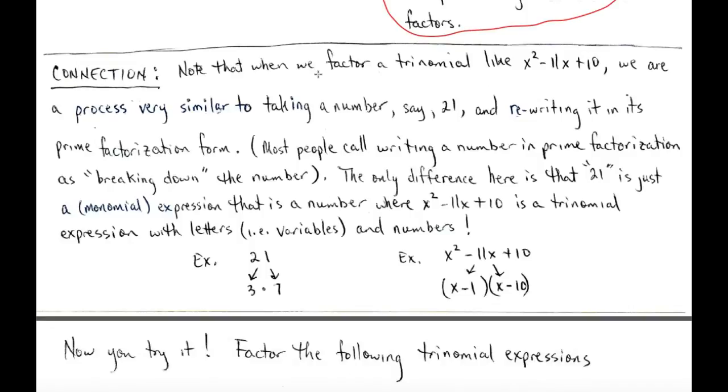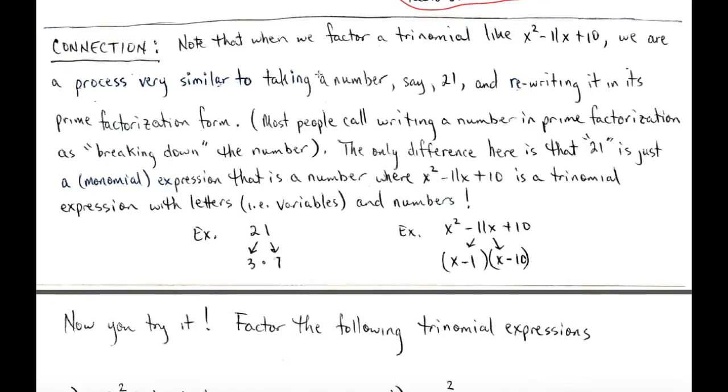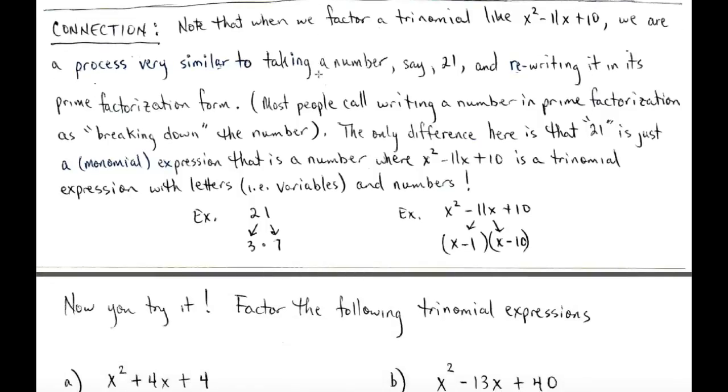Okay, so if we move forward here, I want to make a note about this particular connection note that I have here. And it says, note that when we factor a trinomial like the one that we just got through working on, we are doing a process very similar to taking a number, say 21, and rewriting it, okay? So basically what I'm trying to reiterate here is the same example that I did when I was talking about 15, how we break this down to 3 times 5.